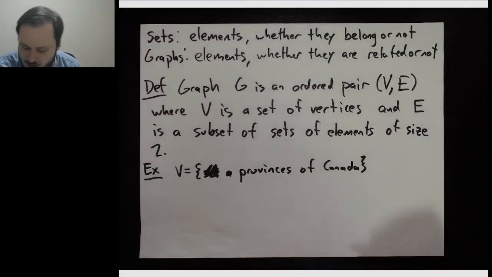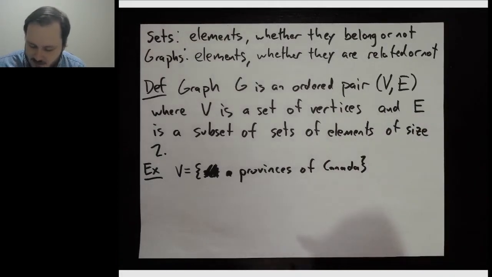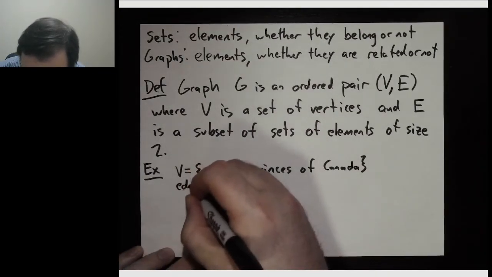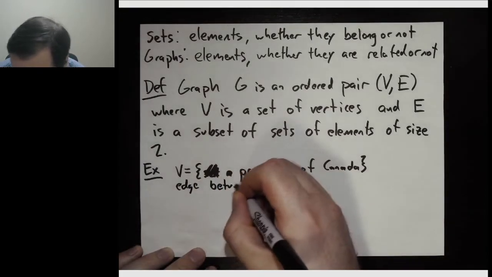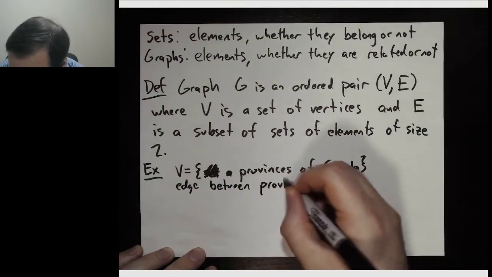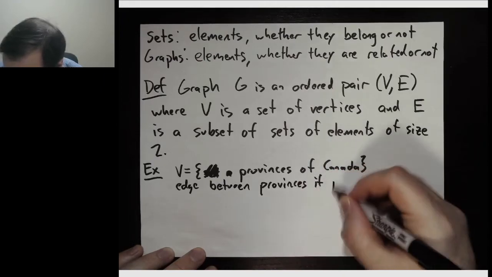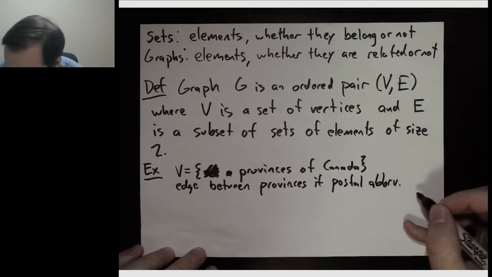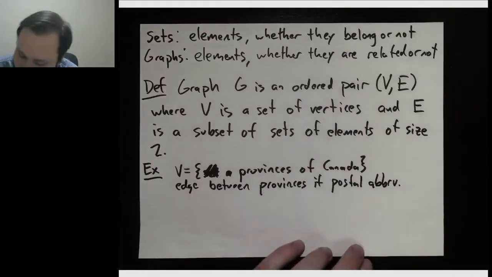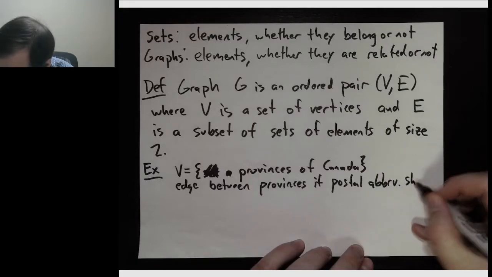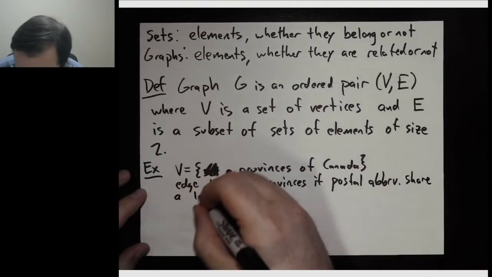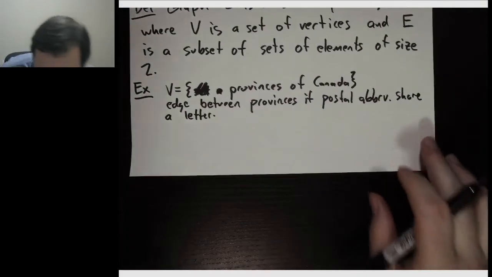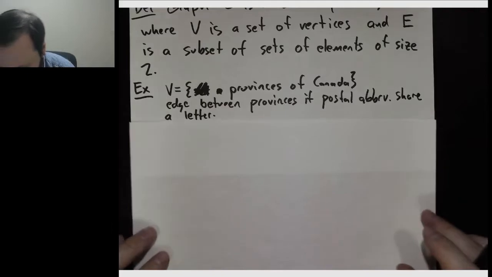And I'm going to draw an edge between 2 provinces if their postal abbreviations share a letter. Okay, let me do this on a new page just so I'm not running into space requirements.